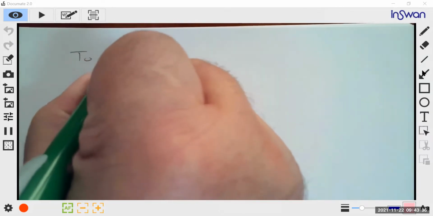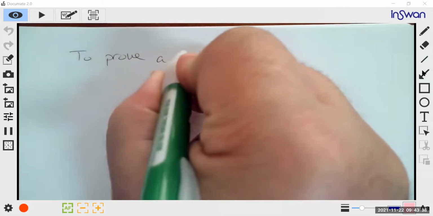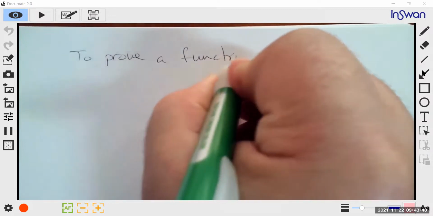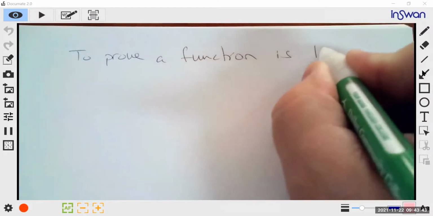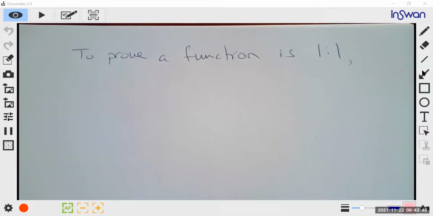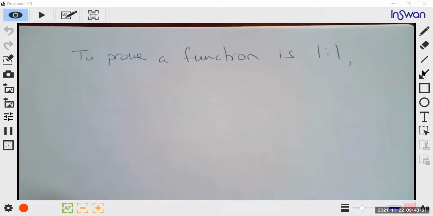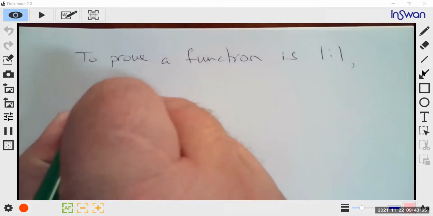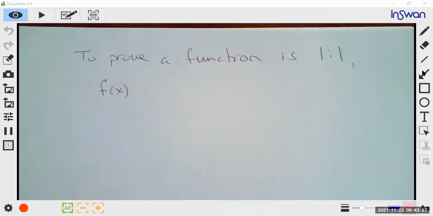To prove a function is one-to-one, this has to be true. So you have a function, whatever the function is.